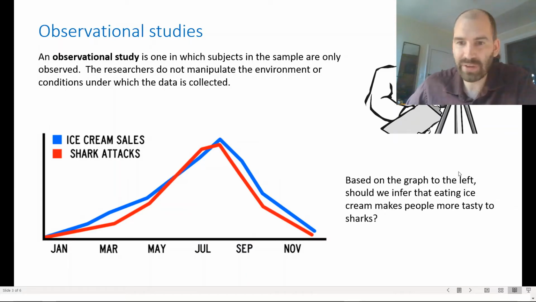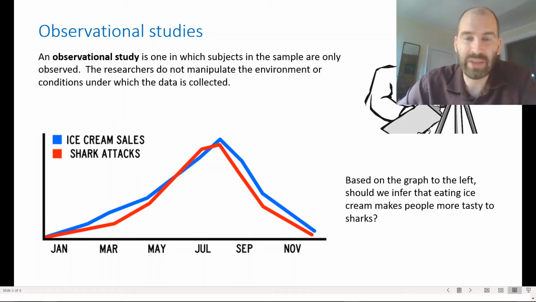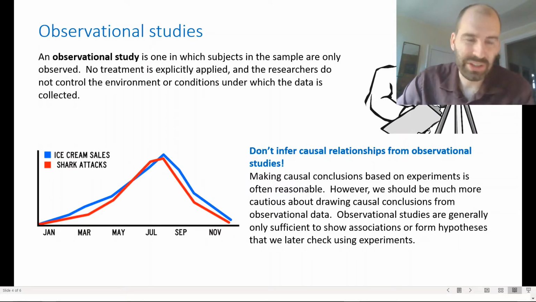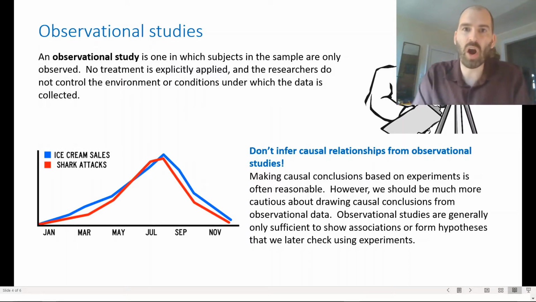So based on the graph on the left, should we infer that eating ice cream makes people more tasty to sharks? I mean, that graph seems to indicate that they're tied together, right? Well, of course not. Of course, that's a ridiculous thing to assume. And the main rule here is that we shouldn't infer causal relationships from observational studies. A causal relationship is a cause and effect relationship. One thing causes another.